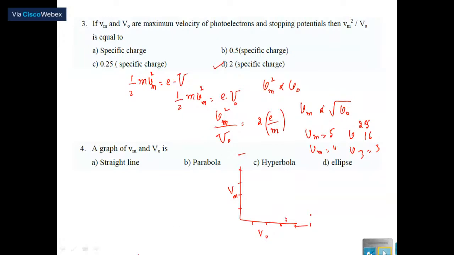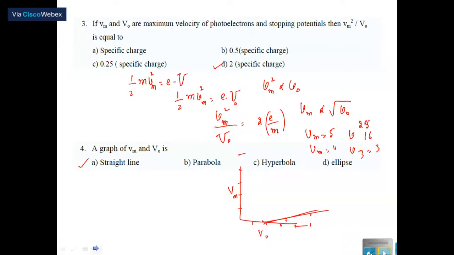And when V naught is equal to 9, Vm is equal to 3. So this is almost a straight line only. So a graph of Vm and V naught is a straight line.